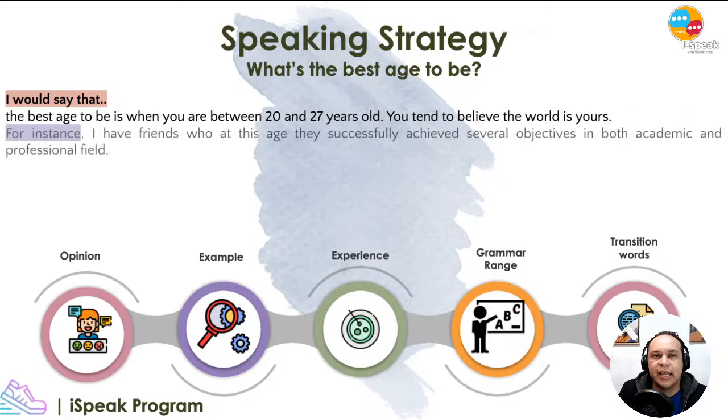Now, let's take a look at the example. Instead of just saying for example, you can use another word. For instance, I have friends who at this age successfully achieved several objectives in both academic and professional fields. So now I'm talking about somebody else's examples, right? I'm not even talking about my personal example just yet.